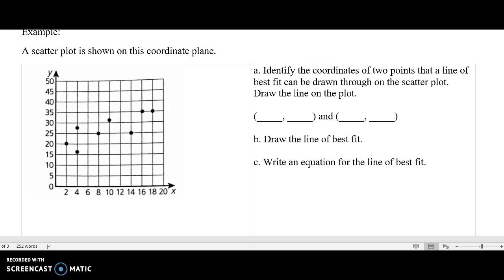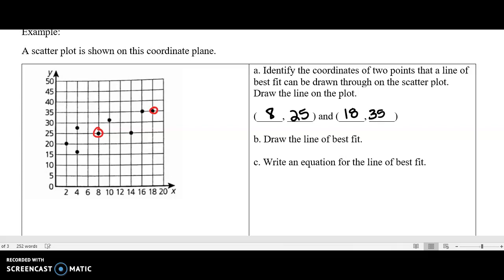I would probably draw it through this point here. So that is 8, 25. And then I would also probably go through this point here, which is 18, 35.